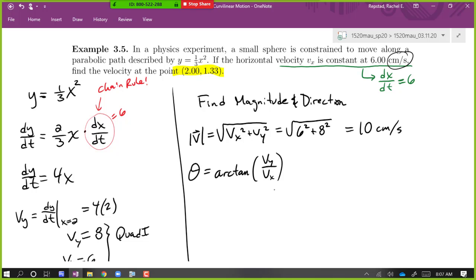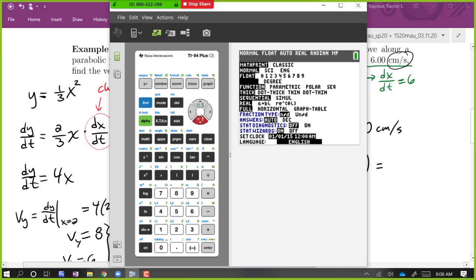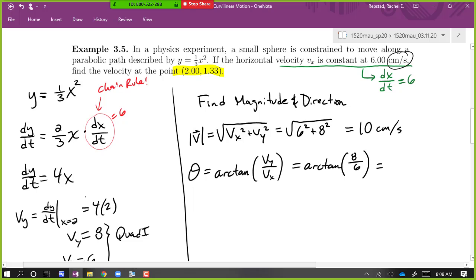This is a first quadrant vector, so I know that just plugging in the Vy over Vx is going to give me what I need. 53.1 degrees.